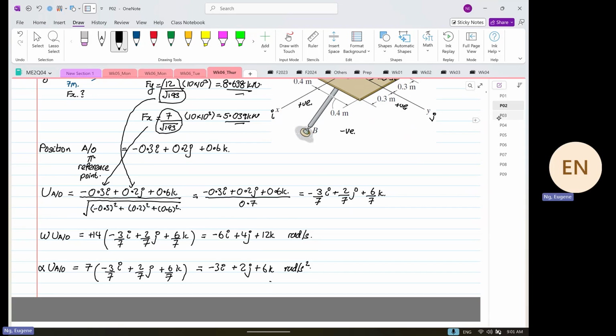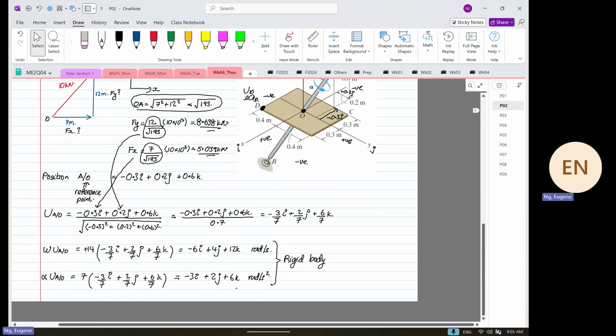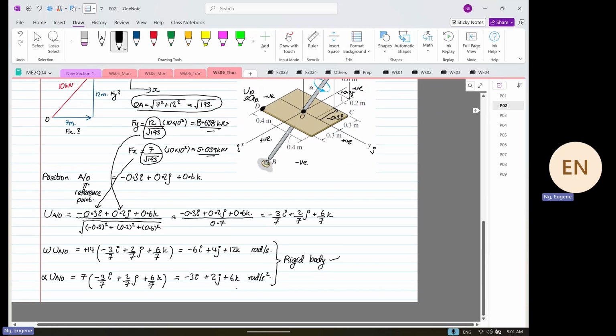So what we are going to do now, right, is this is for the rigid body. Okay, and the rigid body represents the plate.